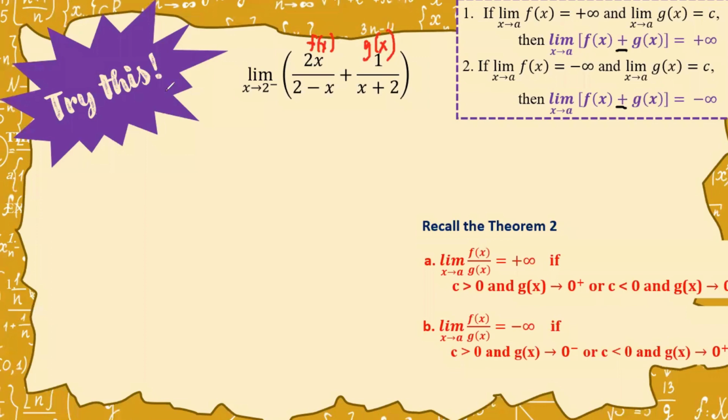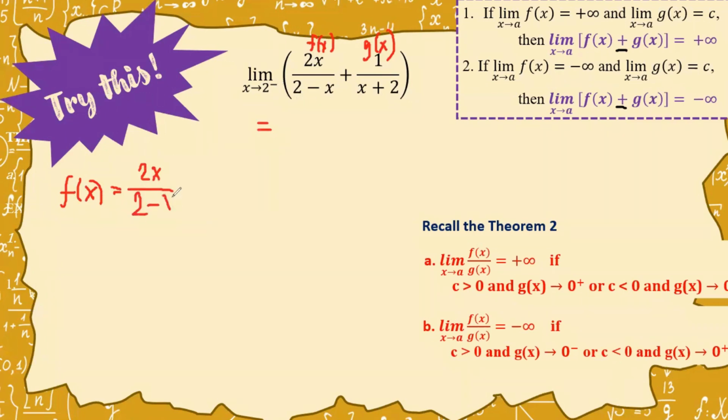Okay? So, unahin muna natin si f of x. Lagyan lang natin ng equal dito para mamaya sa pag-conclude natin sa answers. F of x is equal to 2x over 2 minus x.